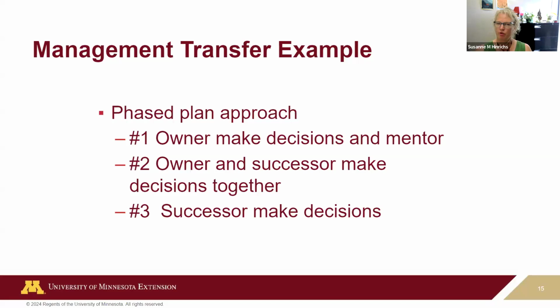That could happen for a year, that could happen for 2 years, that could happen for longer. Then that next phase, phase 2, could be the owner and the person who's coming in next, the business successor, starting to make decisions together.